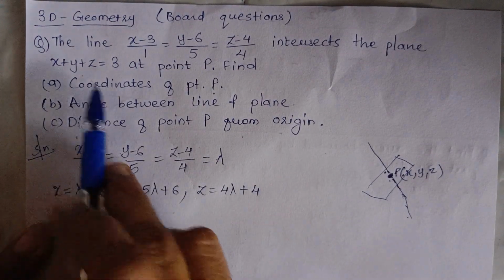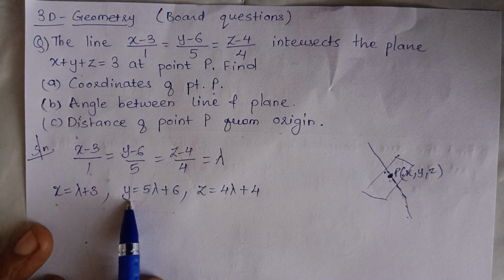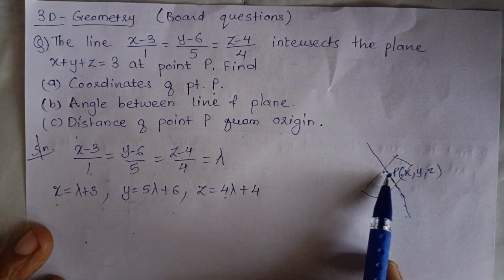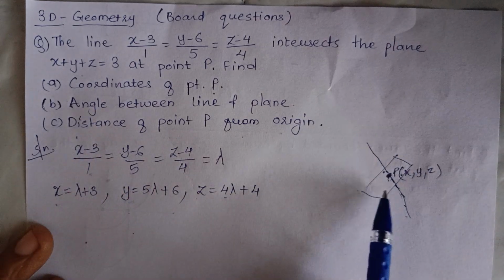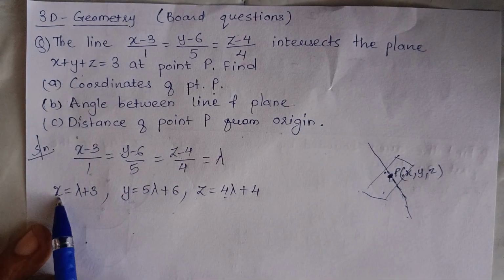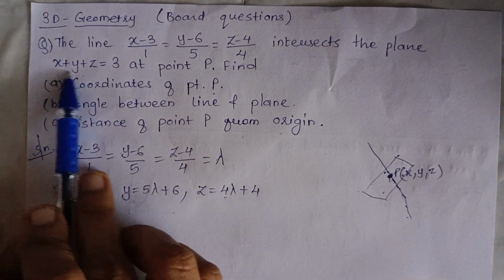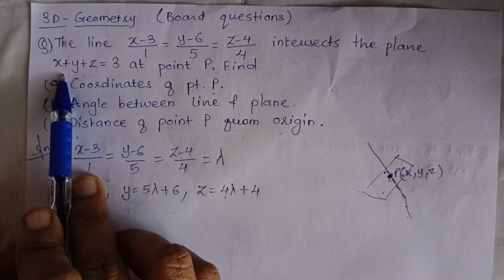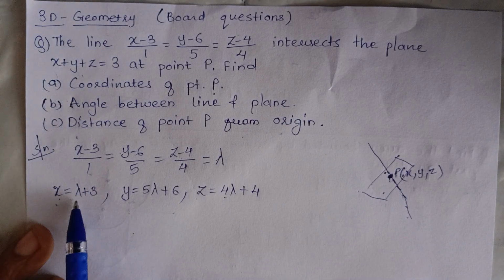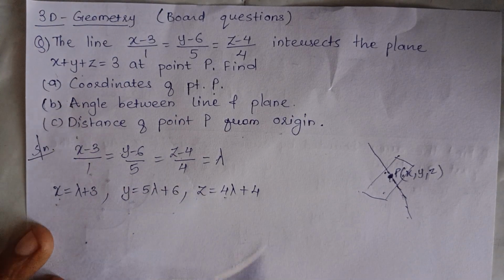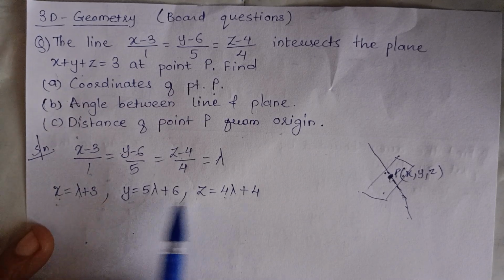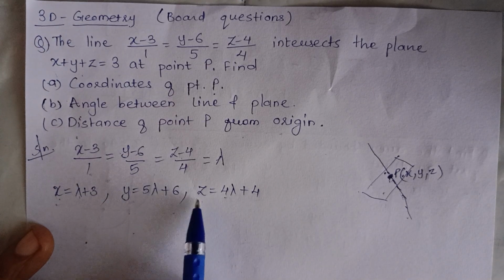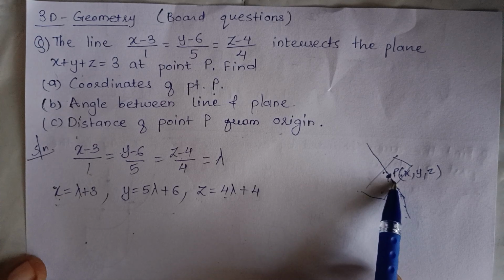Now this point lies on the plane, correct? So we can substitute x, y, z in the plane, so that we get the value of lambda. And that lambda we have to substitute in x, y, z. That will be our point P.